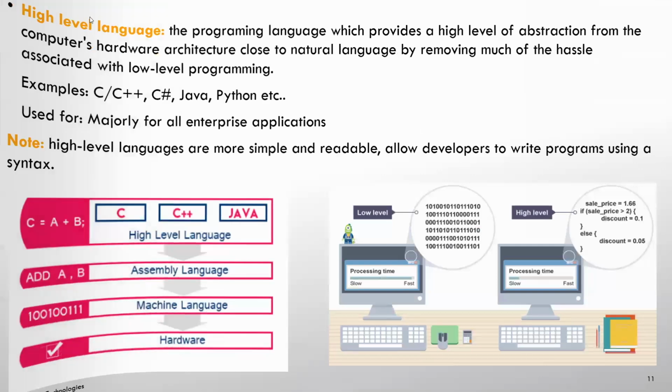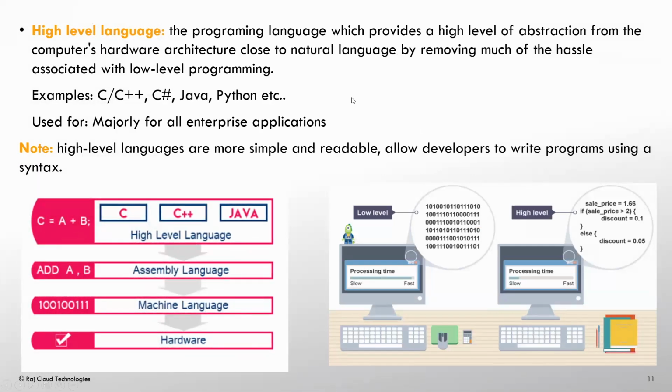Now, what is the high-level programming language? It's a programming language with a format readable by any developers, any programmers, which is easy to write, easy to construct programs, and easy to create projects. It is not directly understandable by the computer hardware.